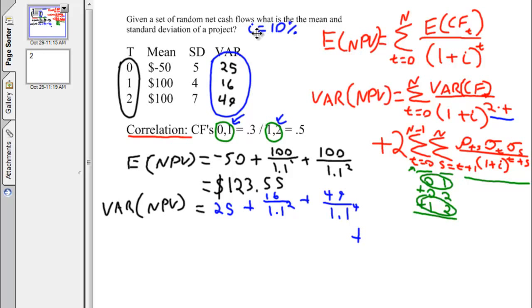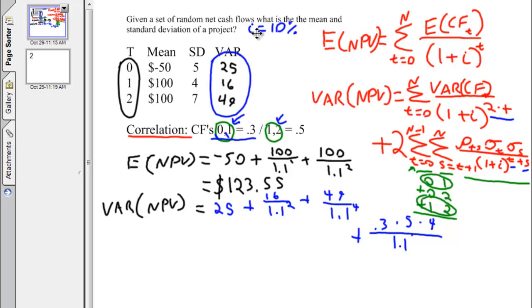All right, so plus, the first correlation between cash flow 0 and 1 is 0.3. So 0.3 times the standard deviation of cash flow 0. Standard deviation, not variance, right? So 5 times 4, all divided by 1.1 raised to t plus s, so 0 plus 1, right?